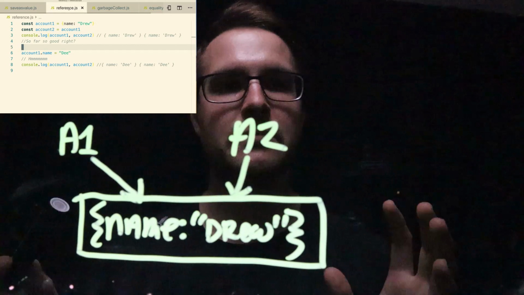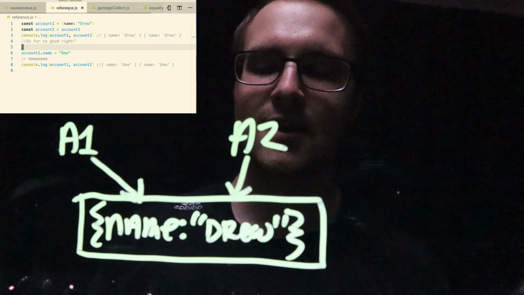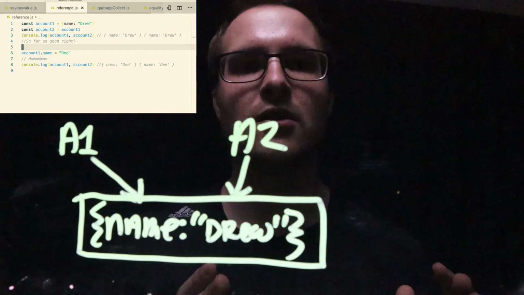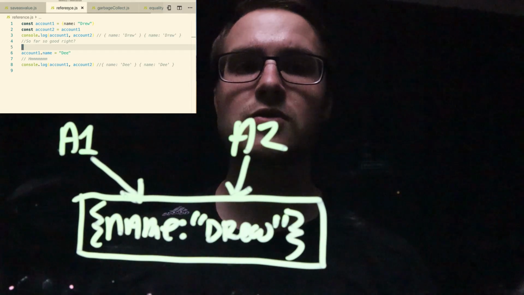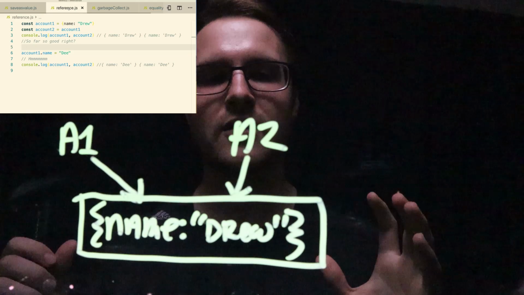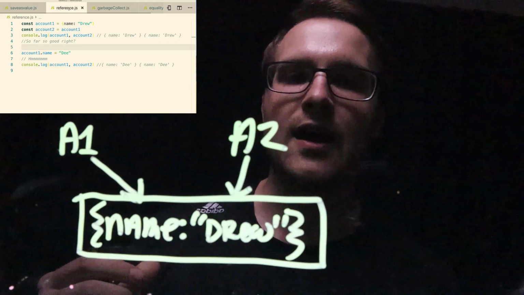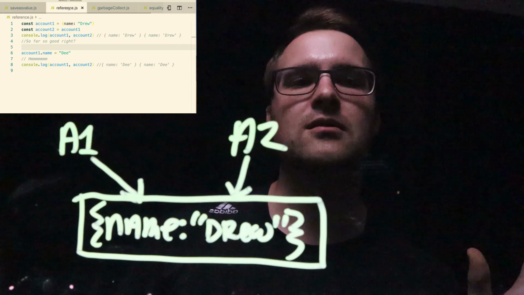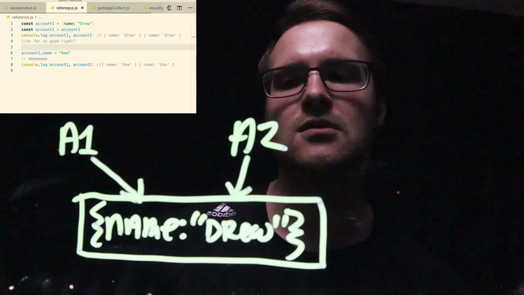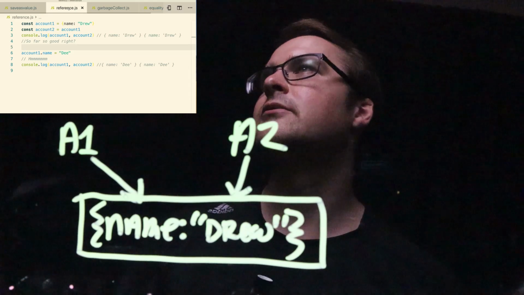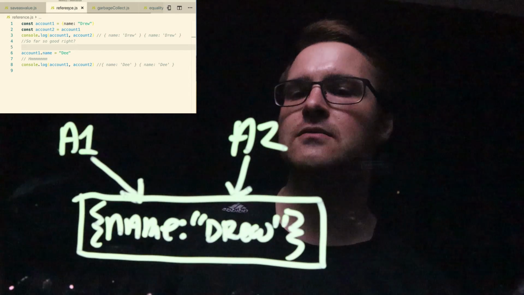So it's not copied, it's referenced. That's the key difference. With primitives, the value was copied over. You got 2 strings of Drew, if you remember. But with objects, only one object gets created in memory, and then the variables get referenced to that object. Okay? So now when we go through, everything still makes sense, right?